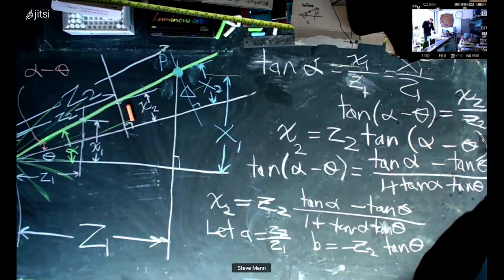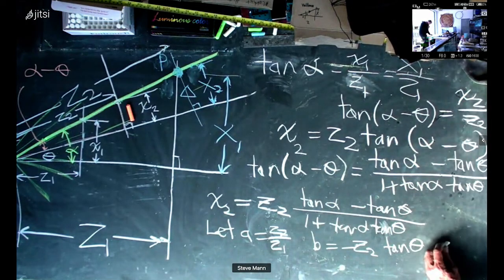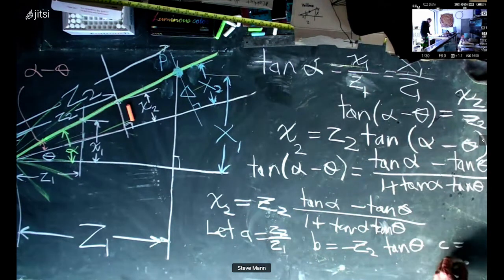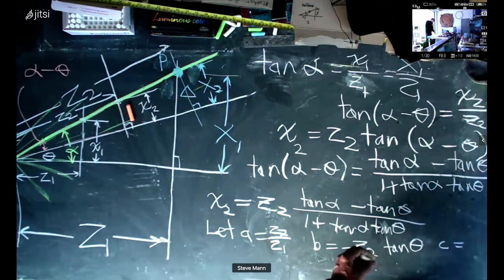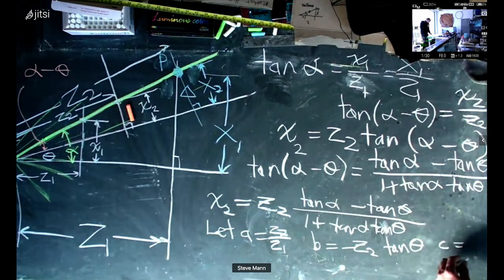And then we'll introduce a third constant, C, which is equal to tan theta over z1.